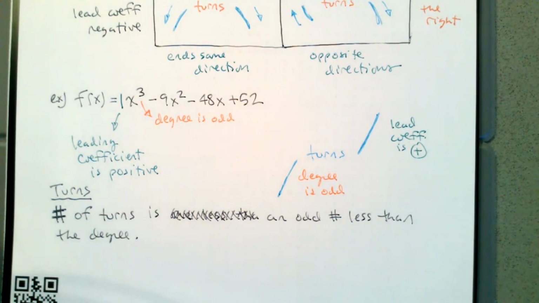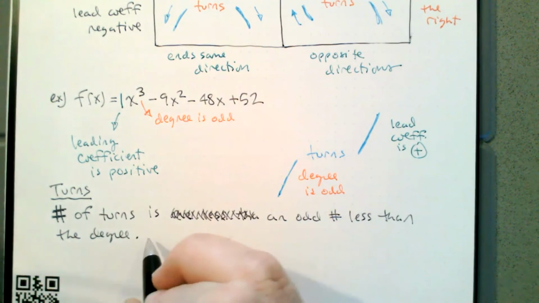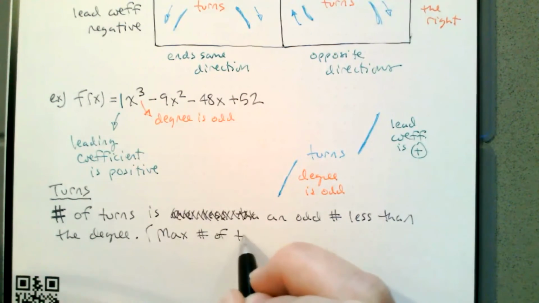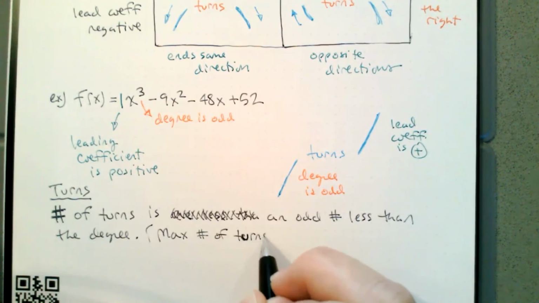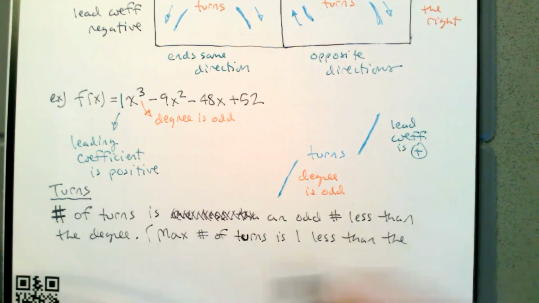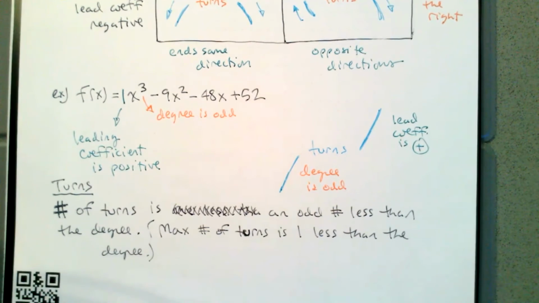The number of turns will be an odd number less than the degree. What that means is that the maximum number of turns is 1 less than the degree, but the number of turns will always be an odd number less than the degree.